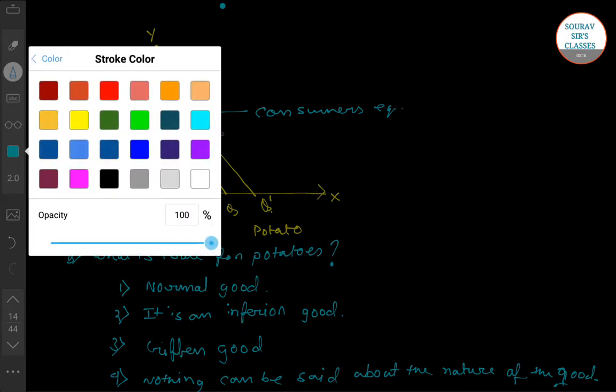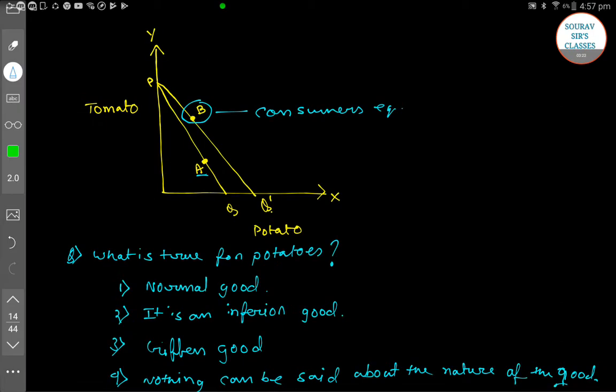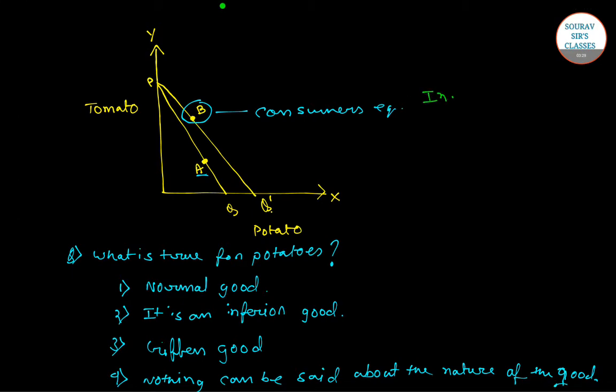Before that, allow me to change the color. Use this one. So now we know the initial budget line was PQ. Now the new budget line is PQ dash, as you can see, from PQ to PQ dash.